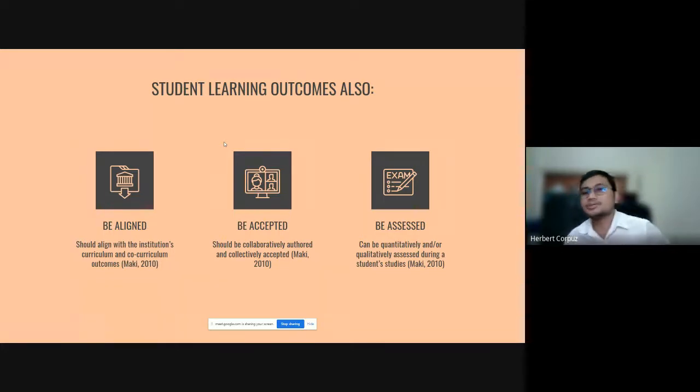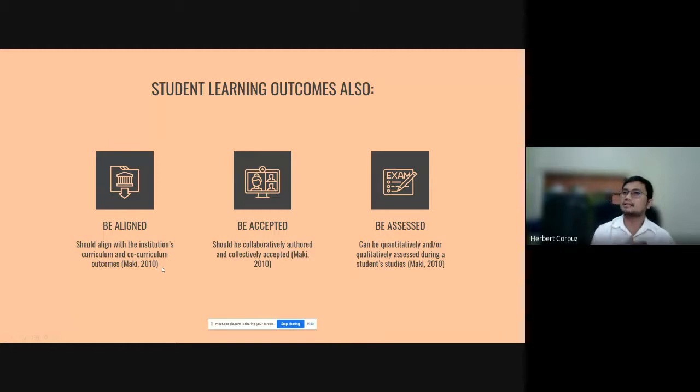Now, take note also that student learning outcomes have the following characteristics or key features. SLOs should be aligned with the institution's curriculum and co-curriculum outcomes.